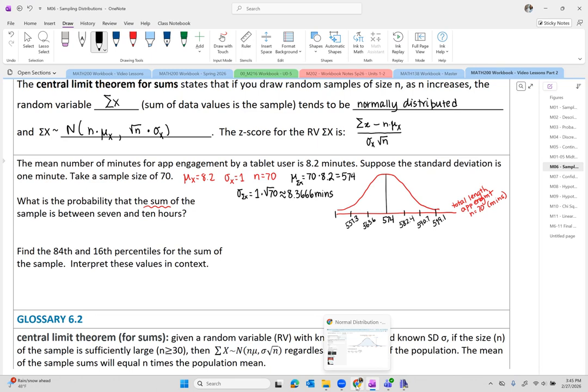What's the probability that the sum of the sample is between 7 and 10 hours?